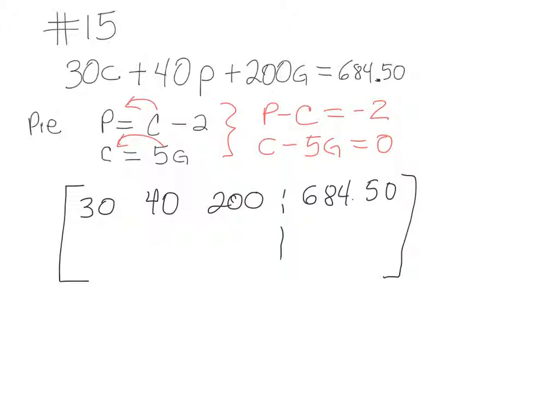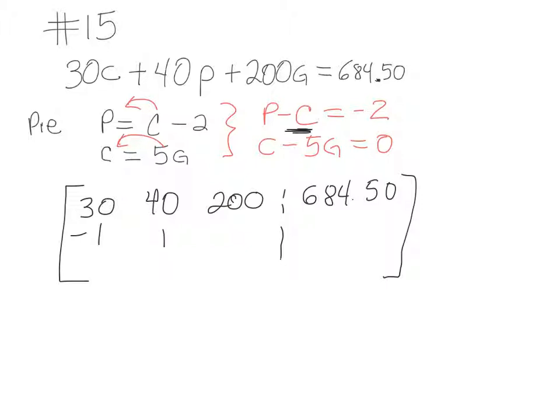So on the augmented matrix, I should put a 1, and then what else? Am I going to have a 1 on the first one? No, right? The first column is cakes, the second is pies, and the third is giant cookies. So cakes should be -1, and the second column for pies is 1.